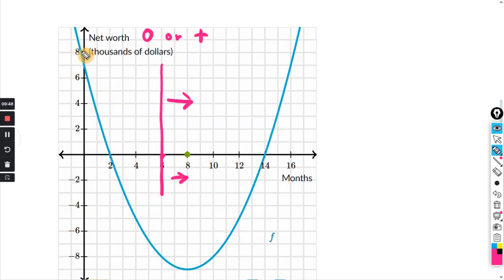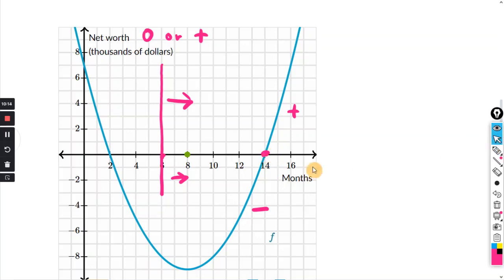All right, so over here it's positive, but this is not after 6 months. Right here, the company is in debt. And then right here, the company is no longer in debt. See, this is negative right here. This is below the x-axis, and this is positive going this way. All right, so right here is exactly where the company is no longer in debt.